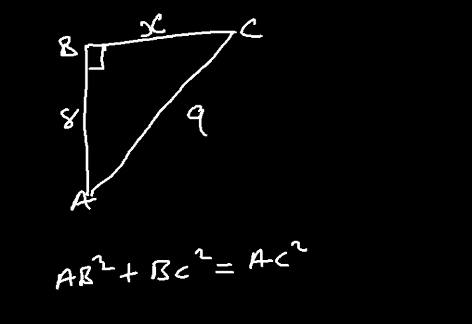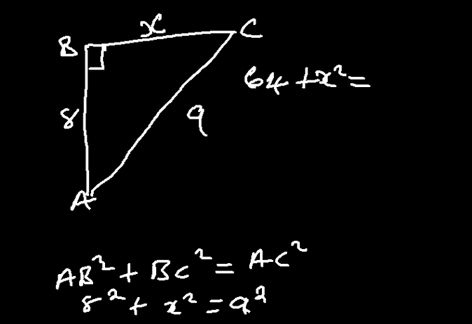That is equal to 8 square plus x square, which is equal to 9 square. Now what is 8 to the power 2? We have it as 64, plus x square, which is equal to 81, because 9 to the power 2 is the same as 81.